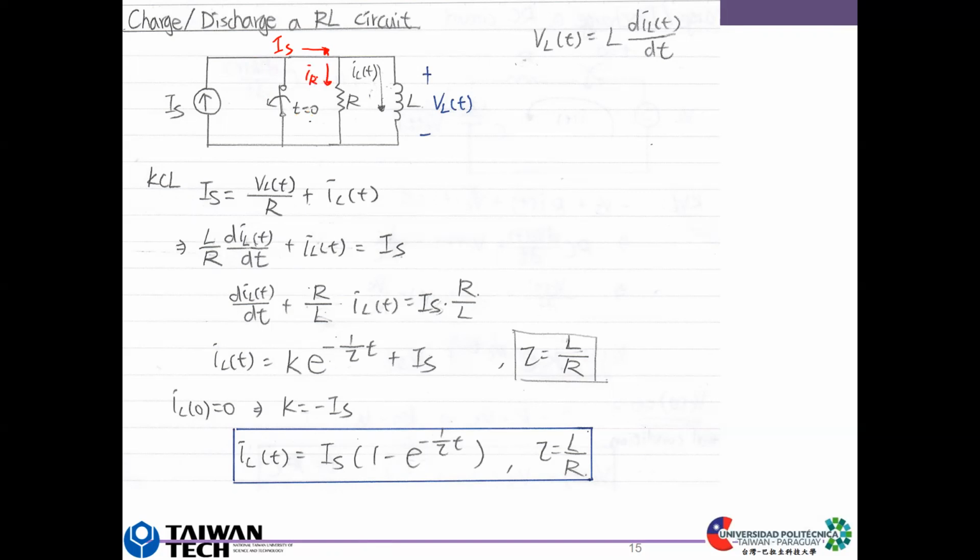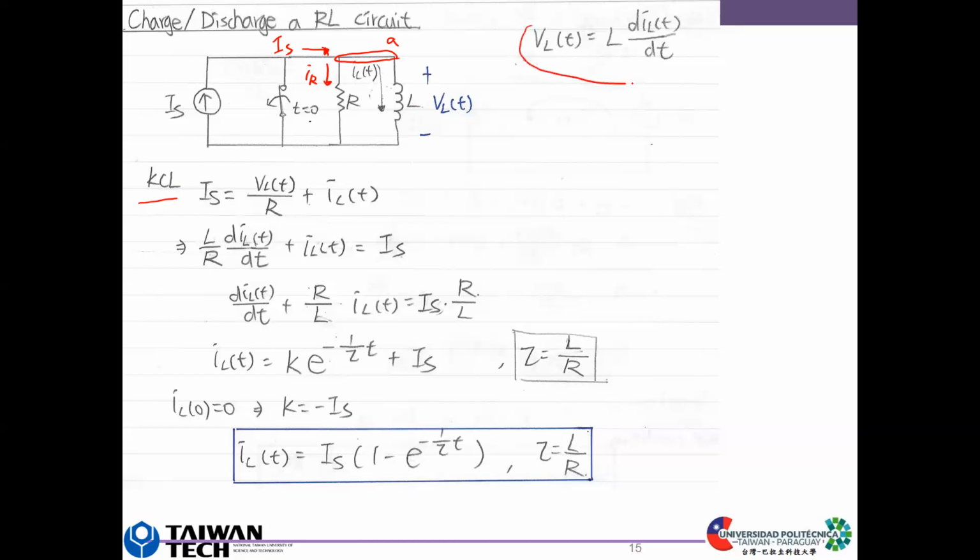We can apply KCL at node A. Let's say this is node A. The current flowing into A equals the current flowing out from A. The inductor is driven by current.